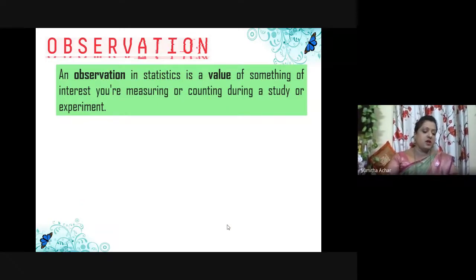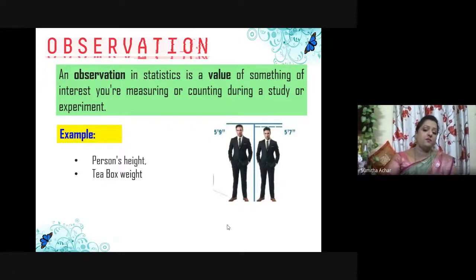Observation is a value that is taken by the parameter or a statistic. For example, we say the average life of a bulb is, say, 5 years, right? That 5 is what is called an observation. The average height of a person is 5.9 feet. Then height is the variable, and 5.9 is what is called an observation.